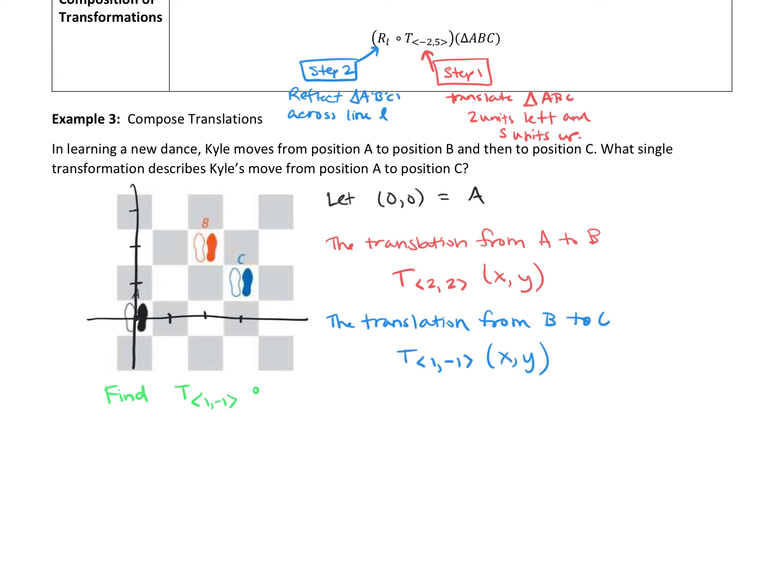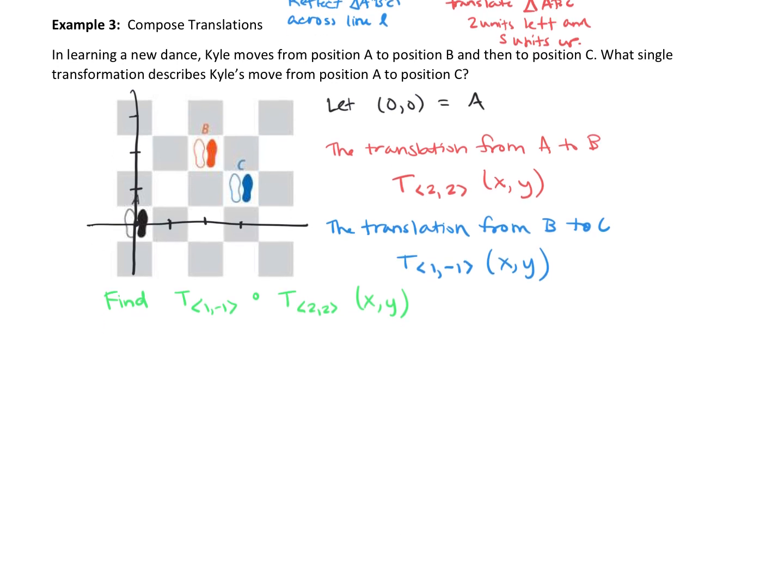That's our symbol for, we're going to translate this next rule of x, y. Here's what we want to figure out. If we translate the image we got from this translation of the original xy points, that is going to give us our new composition of the translations.